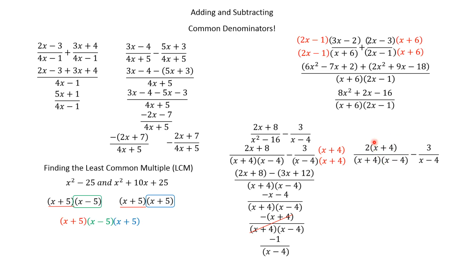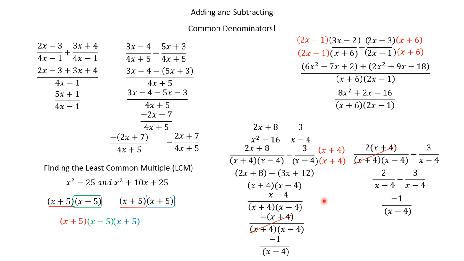Hey, this is a fraction that we can simplify. That leaves us with 2 over x minus 4 minus 3 over x minus 4. Well, if we have 2 over something minus 3 over something, that just gives us negative 1 over that same something. And so that was a few less steps if you saw it, but if you didn't, this way can still get you to the exact same place.